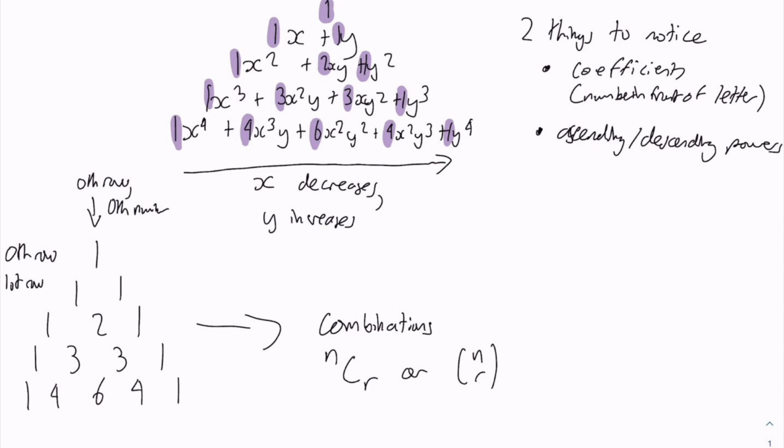So the way to think about it: if you're trying to do x squared y, I've got a total of 3 x's I can use, how many ways can I get 2 of those x's? And remember, order doesn't matter, so that's just 3 choose 2.